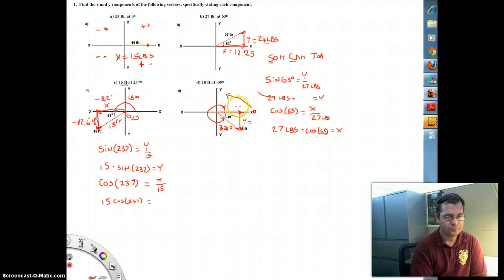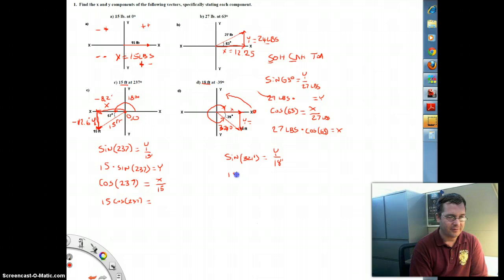So again, we're trying to relate opposite and hypotenuse. We know that hypotenuse was 18 feet in length. That was given. So sine 321 degrees equals y over the length of the hypotenuse, which was given in the problem as 18 feet.